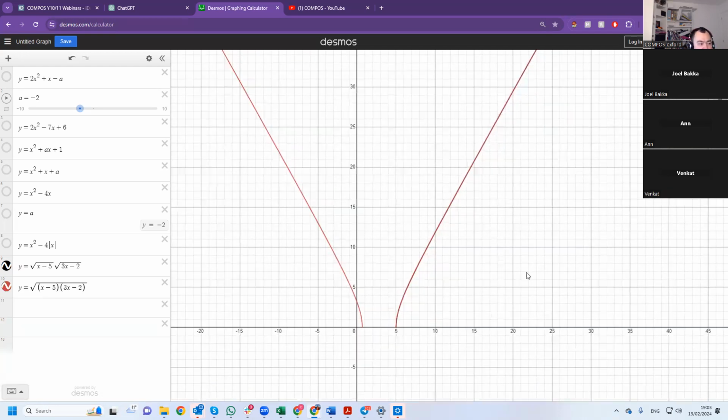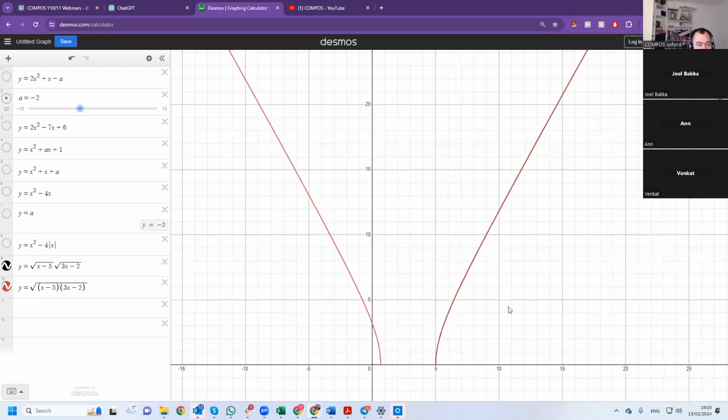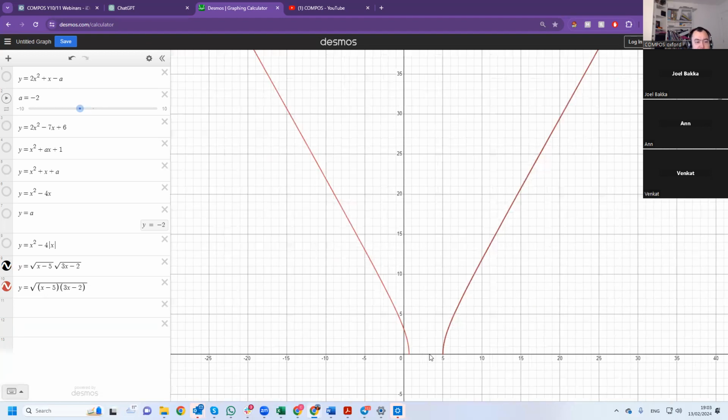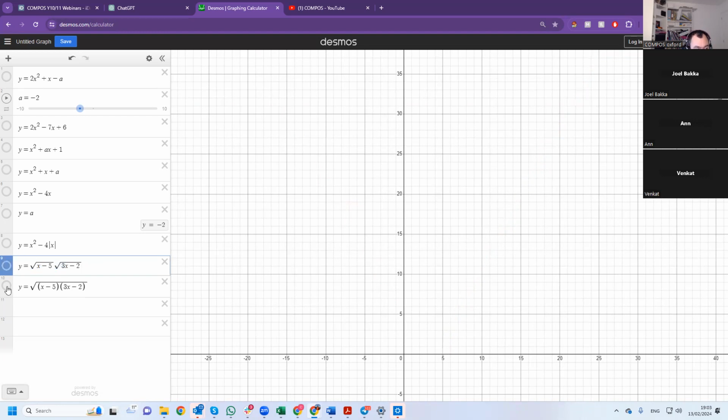Aha, here it is. So you can see that this graph exists on the left and on the right, whereas this graph only exists on the right. But as you can see on the right, these two graphs match up. So this is the separate one where x minus 5, 3x minus 2. And this is the second graph.